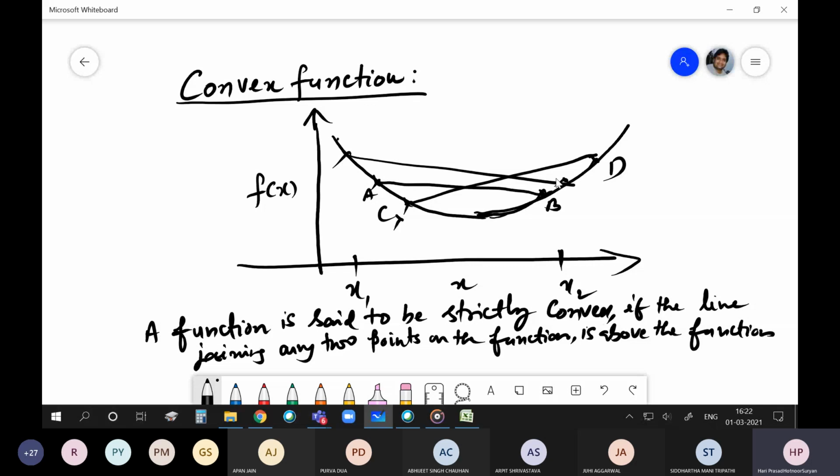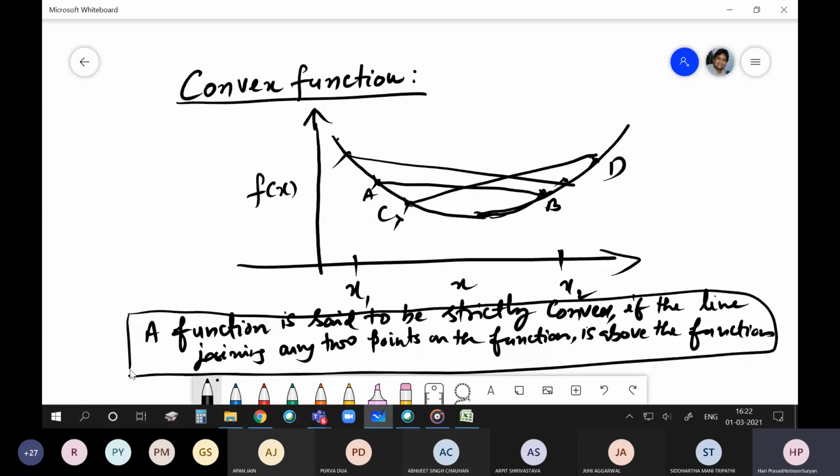Such a function is called convex. Mathematically, how can we write this equation? How can we represent this mathematically?